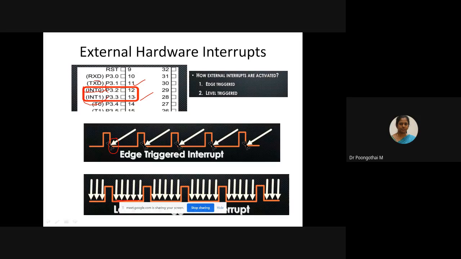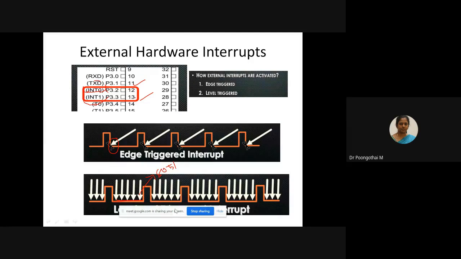When the signal is low, the interrupt signal is recognized by 8051. And it is possible that the ISR may be called many times as long as this signal stays low. So that is the difference between edge triggering and level triggering.